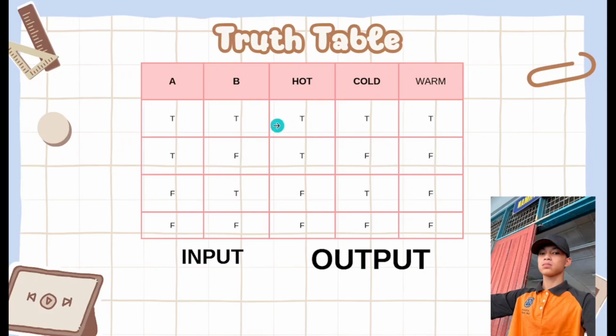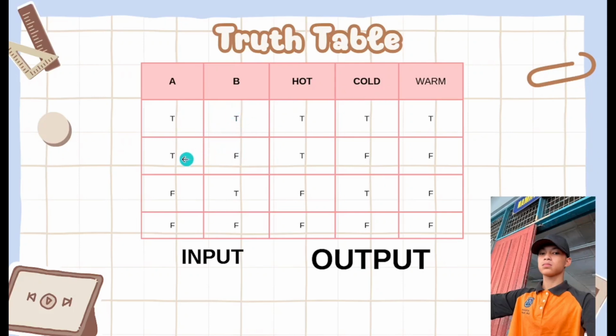So logically, when A is hot and B is hot, so true and true becomes hot. For the cold, true becomes true. For warm, it's also true.